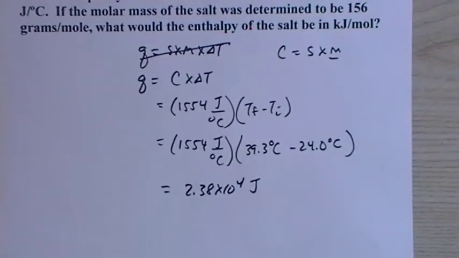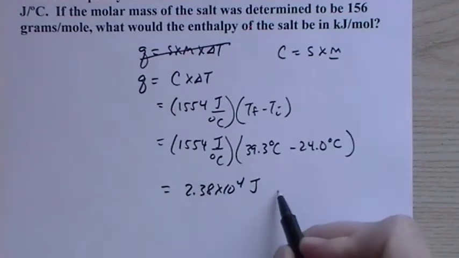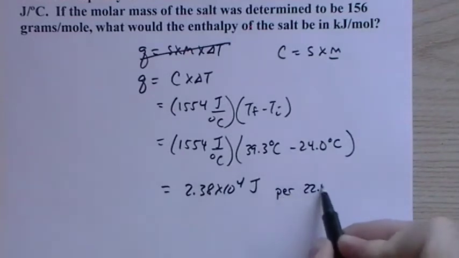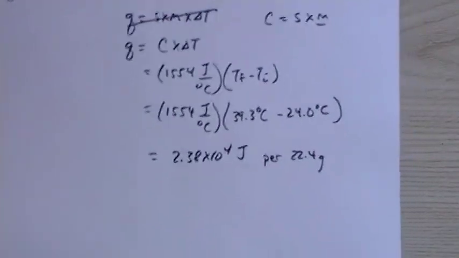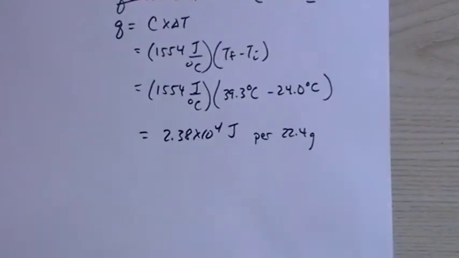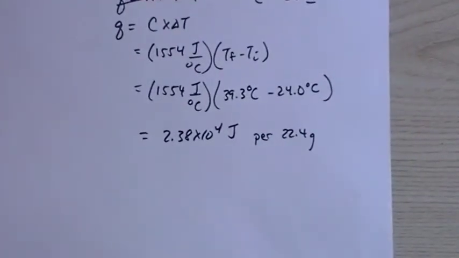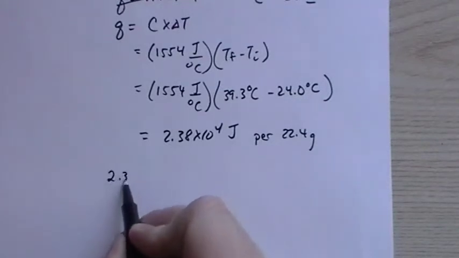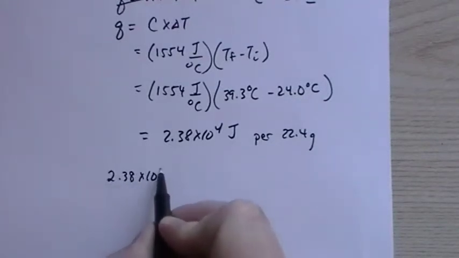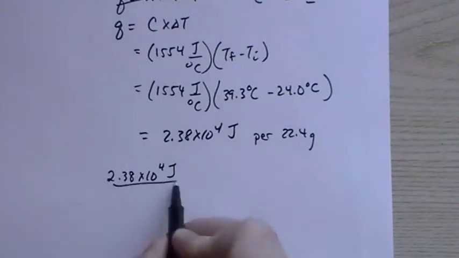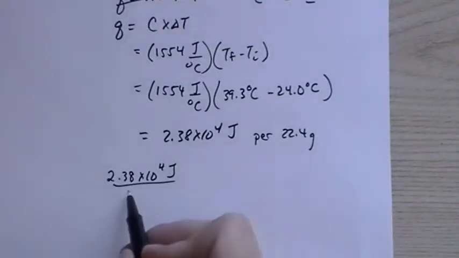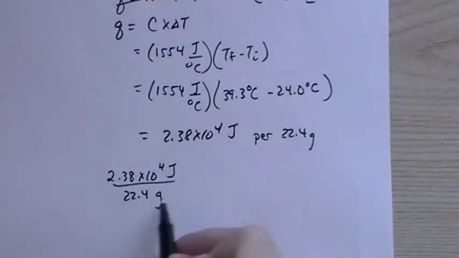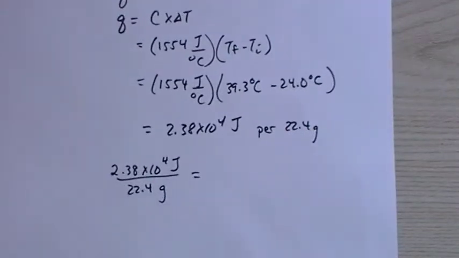And now, that is the amount of heat that came out per 22.4 grams. That 22.4 grams produced that much heat. So if we take the ratio of them, this will tell us how many joules per gram. We know how many joules per 22 grams, but that's not a normal way of stating a heat given off per mass.